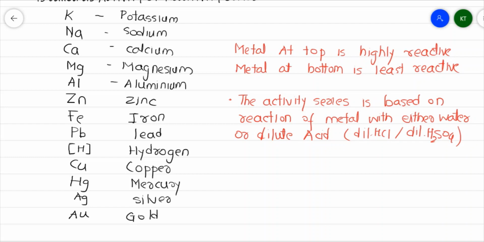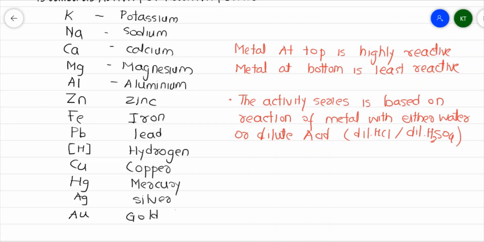Potassium, sodium and calcium react very violently with water or acid to release hydrogen gas. As you go down, the reactivity goes on decreasing. Copper, mercury, silver and gold generally do not displace hydrogen from either water or dilute acid.